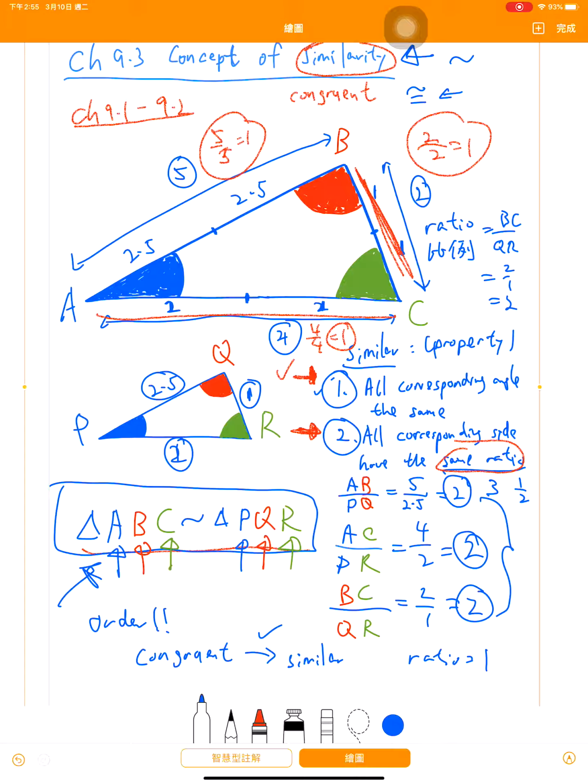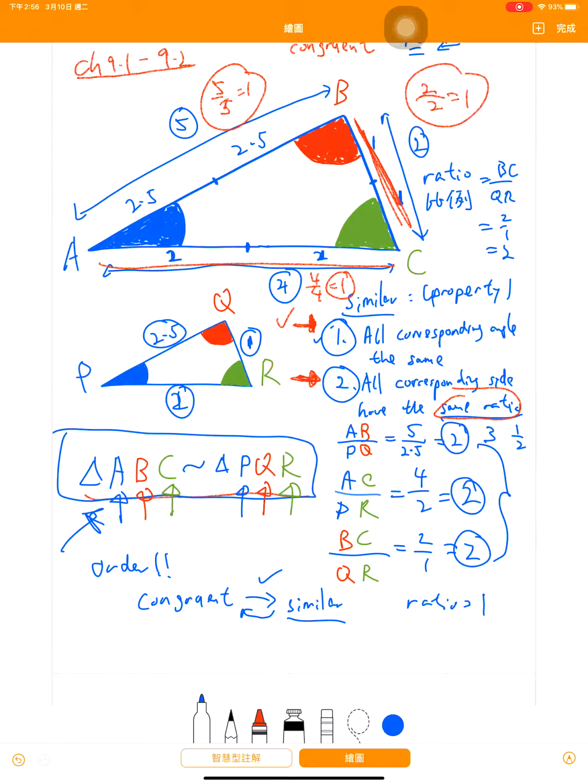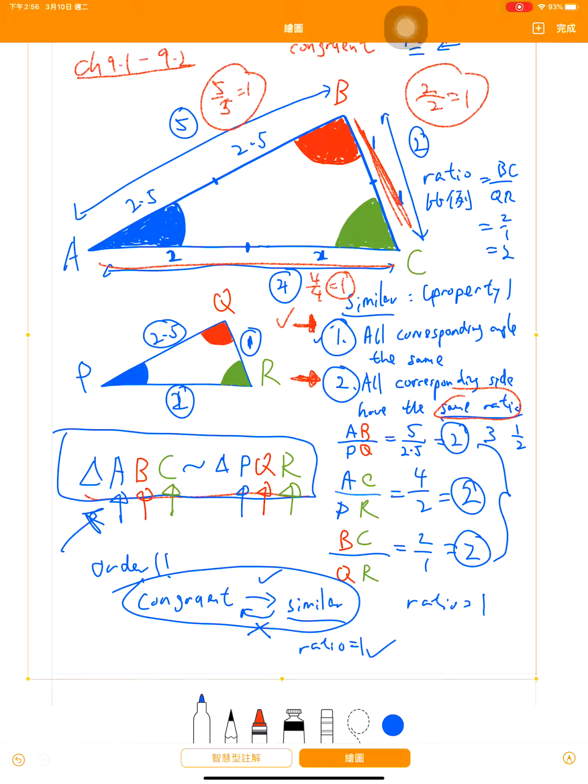But on the other hand, being similar may not imply the figures are congruent. Only when the ratio is 1, then we can say the figures are congruent, right? So be careful. These are the properties I wanted to talk about. Then how to write down the steps or do the exercise, I will talk about in the next video. Okay?